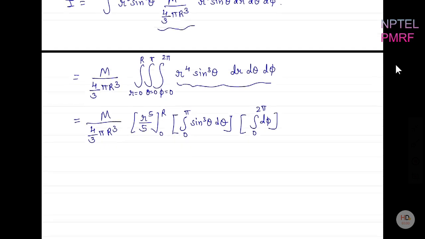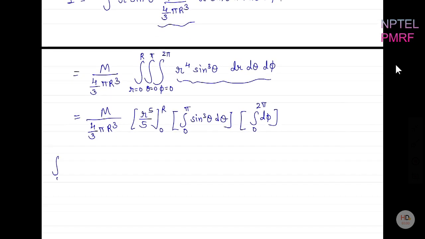Okay, now to calculate this integral from 0 to pi of sine cube theta d theta, let's call this integral j. Define, sorry, not sine theta but cos theta is equal to u.